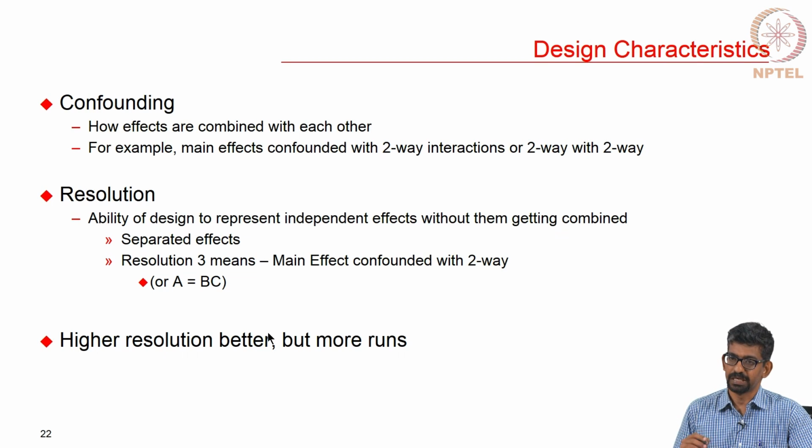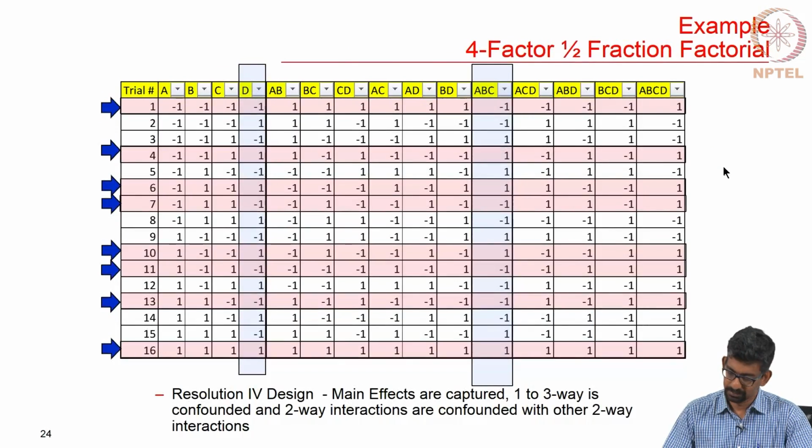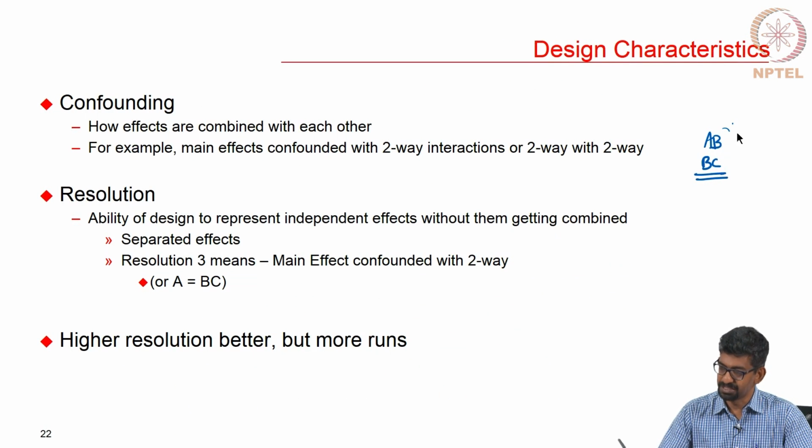Okay. You take particular columns of the experiment and then you say it belongs to AB as well as BC. I do not know which one, but if that particular column becomes important, then I know that it is either AB or BC. Then I will do additional experiment to find out whether it was AB or BC, meaning interaction wise. So, we will talk about that a little bit in detail.